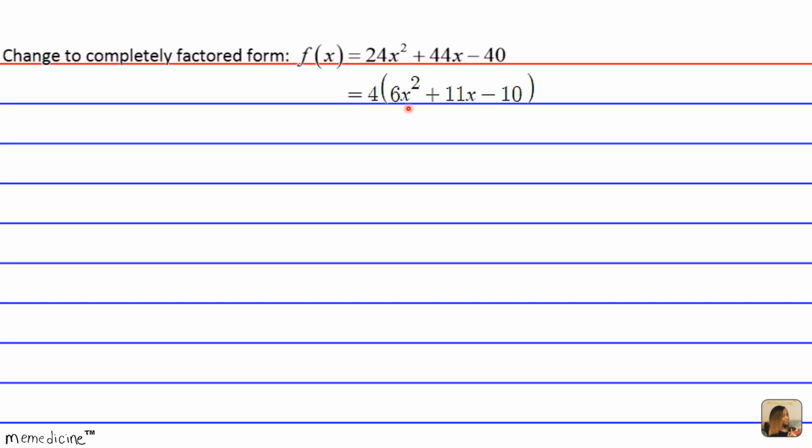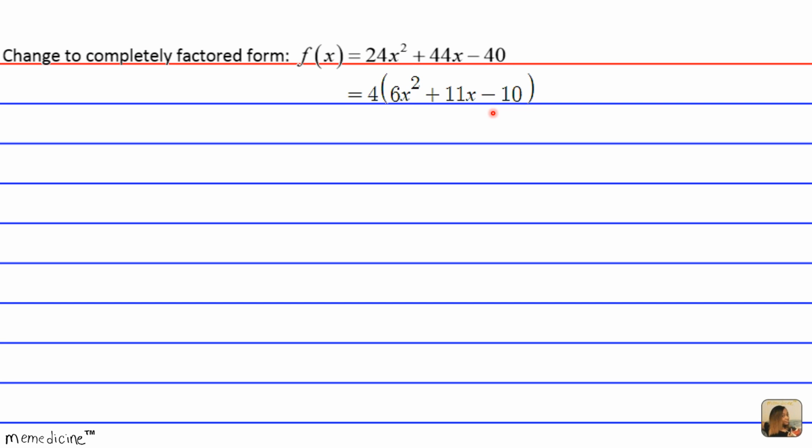Our a is 6 and our c is negative 10. Therefore, u times v has to be equivalent to negative 60. And the second stipulation states that u plus v has to be equivalent to b, which is 11.